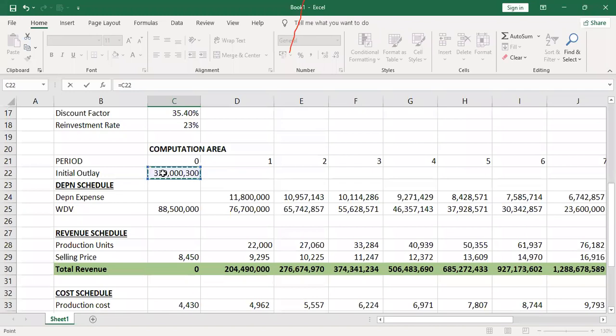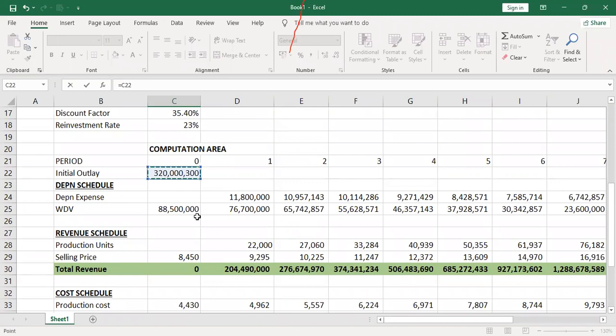Total cash outflow in year 0 equal to the initial outlay in the computation area.